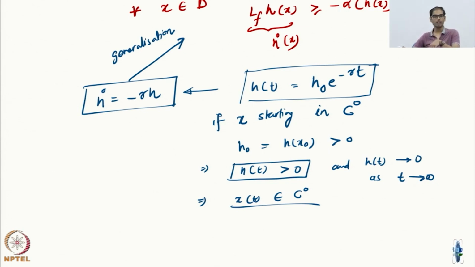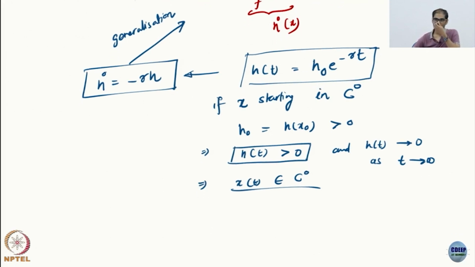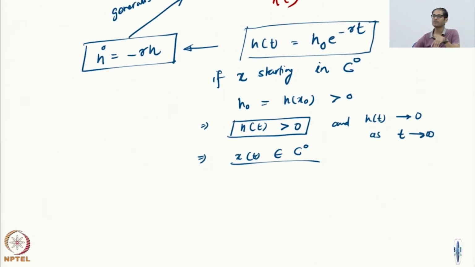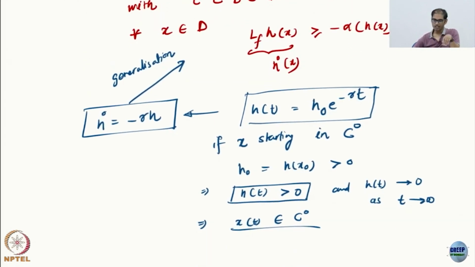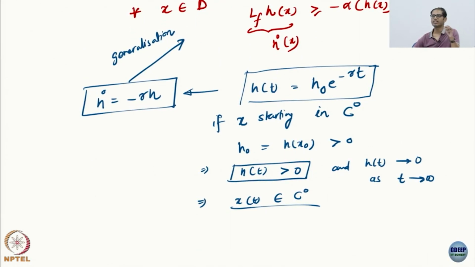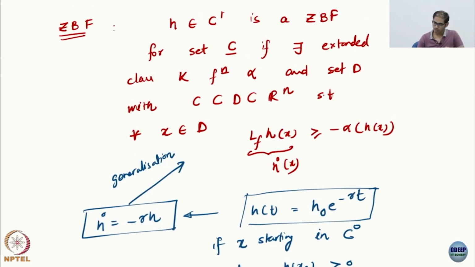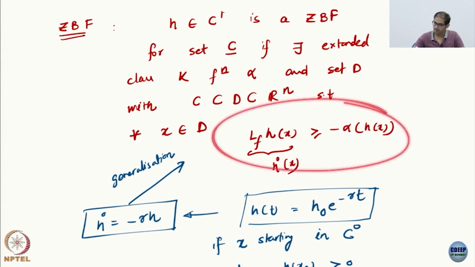When you do a control design with this, we are of course out of time, so we will not be able to do a control design and all that, but typically constructing these is not easy. Folks usually solve a quadratic program. They only construct the h, and these are all quadratic program conditions. These are QP type conditions.